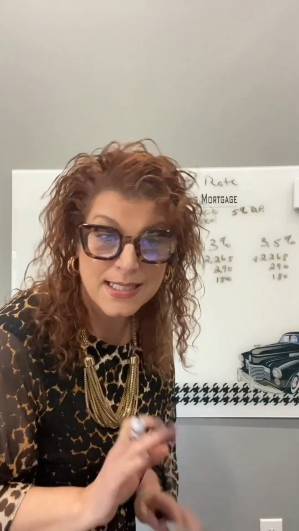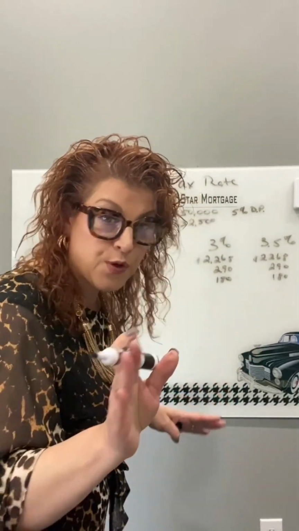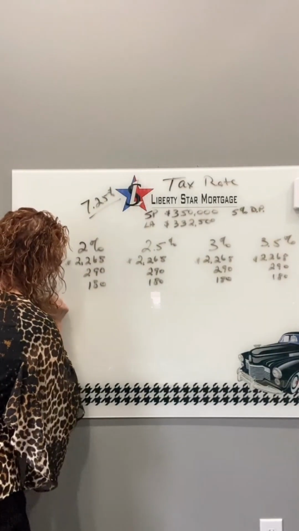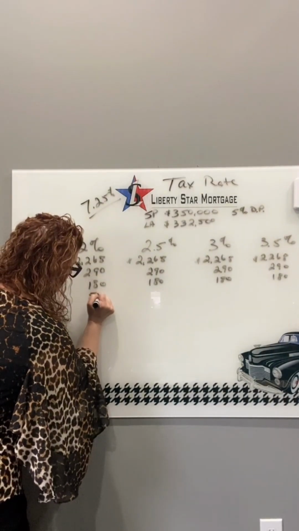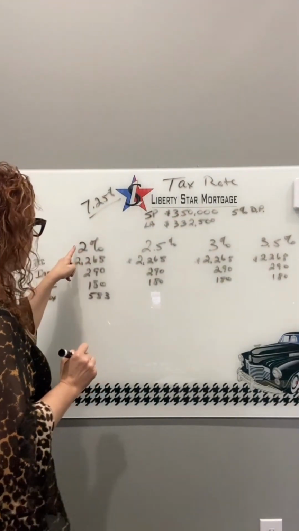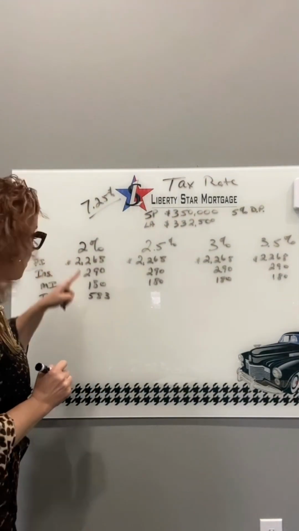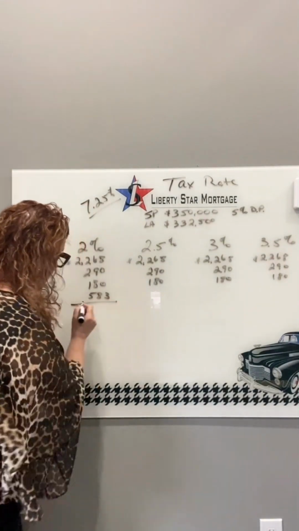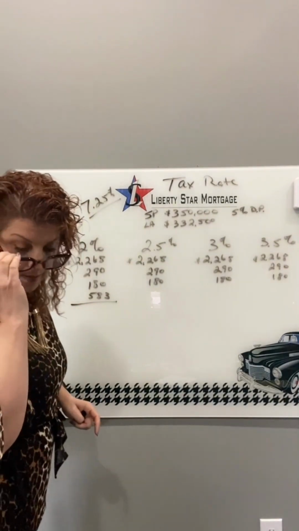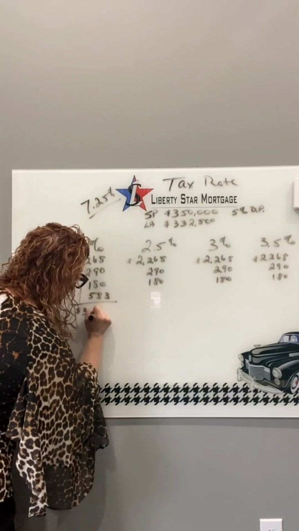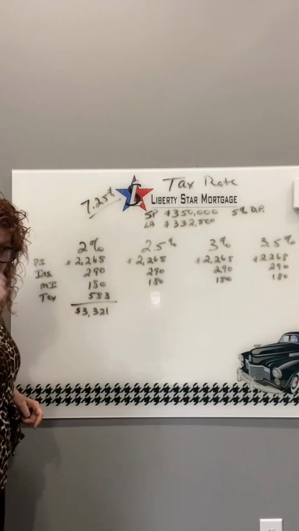Now we're going to get into the tax part. For this first one, at 2%, the taxes would be about 583. $350,000 times 2%, divide that number by 12, $583 a month. So in this scenario, your monthly payment is going to be $3,321.